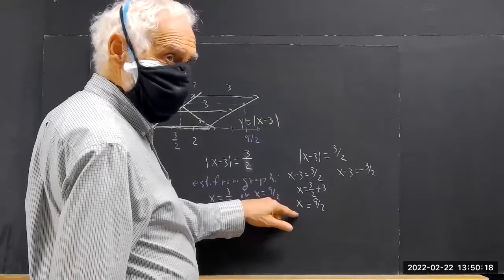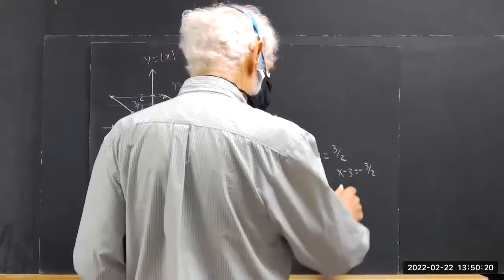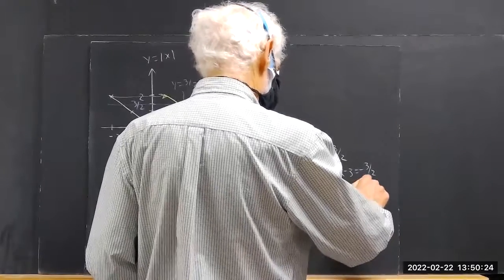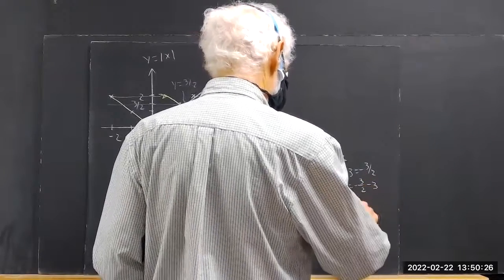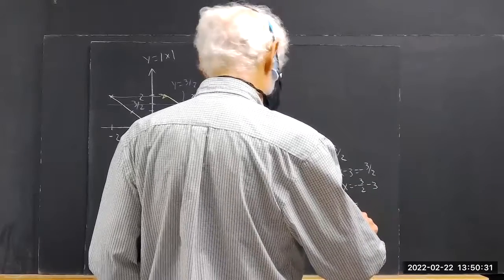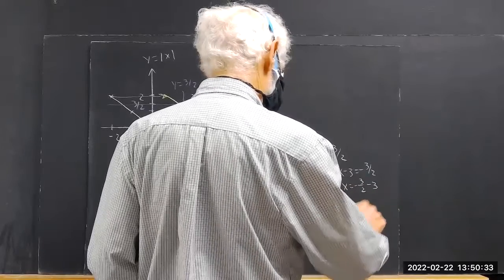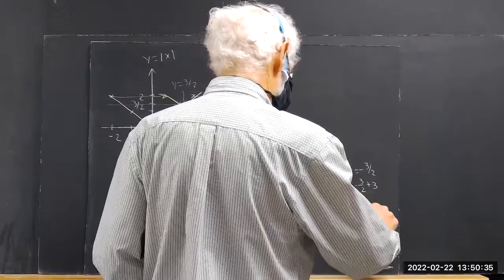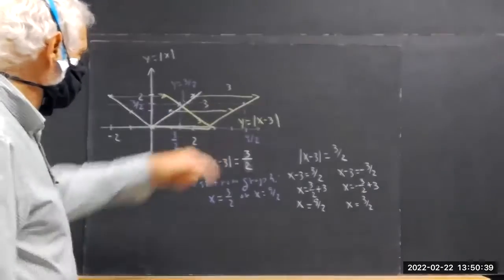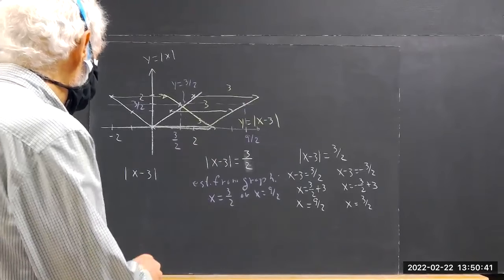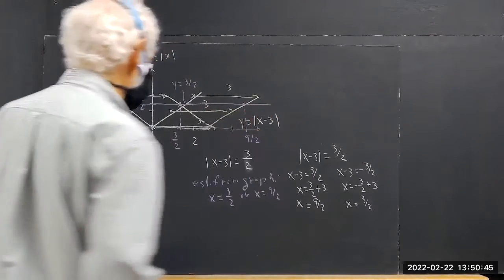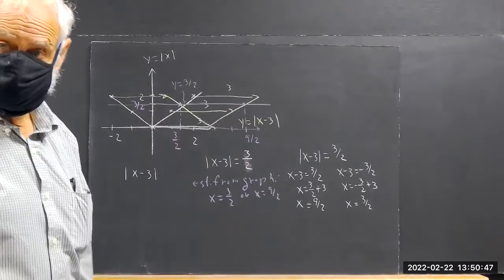You can follow the steps to solve this. You get x equals 9/2. And here you get, here's a picture of your solution where the y equals 3/2 line intersects the absolute value function.